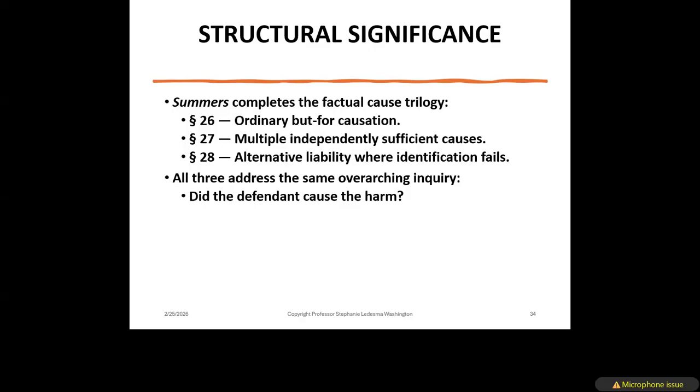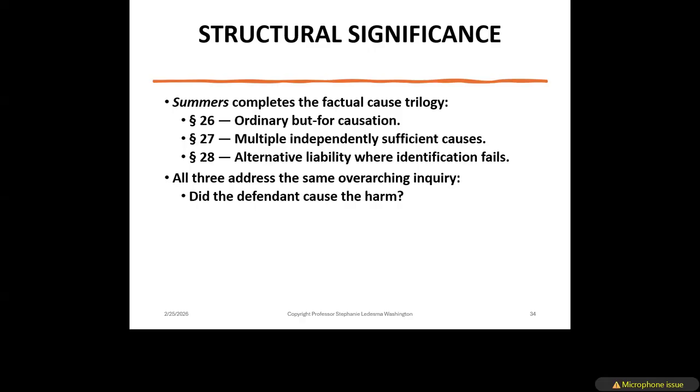And that is where we transition to scope of liability, also known as proximate cause. So with the end of this video number 2, we come to the end of actual cause, and our next lecture will be over proximate cause. Thank you.